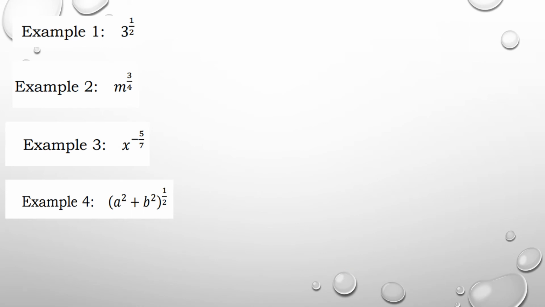Okay, so on our example number 1, we have 3 raised to 1 half. How do we transform this into radical sign? Gagawin lang natin, just copy the base, okay? Then the numerator of the rational exponent will be the exponent of the radicand. Okay, next, draw the radical sign, and then, etong denominator natin, that would be the index.